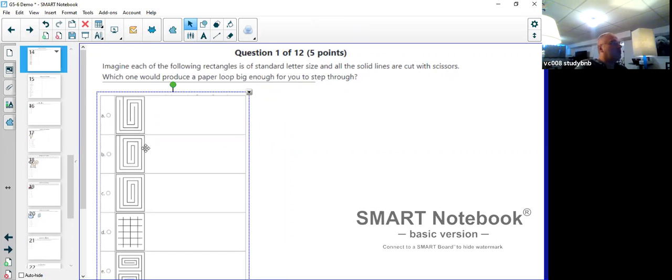They're just worth less points or more points depending on what grade level you're at. This was a 5-point question from the grade 3-4 level, but it's only 3 points in the grade 5-6 level. If you cut along the solid lines in any of these sheets of paper, which one will create a loop, one big continuous loop that you could walk through?